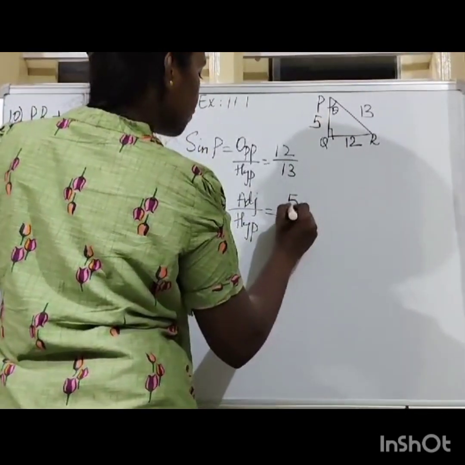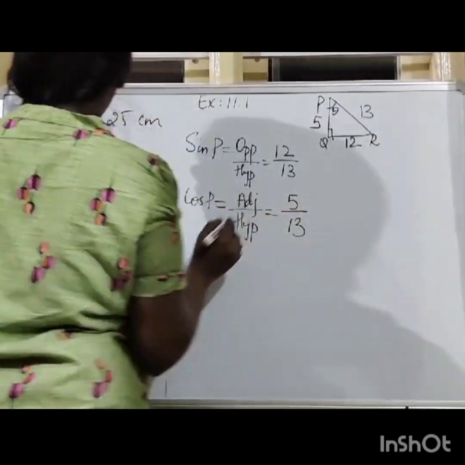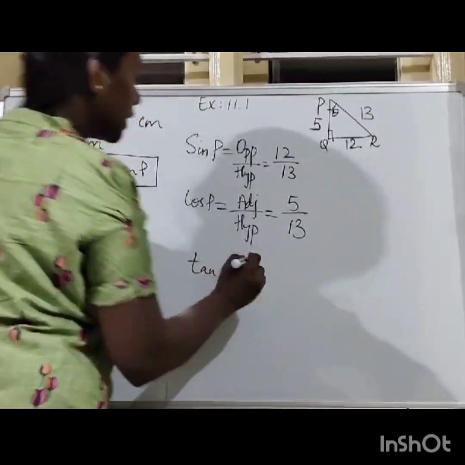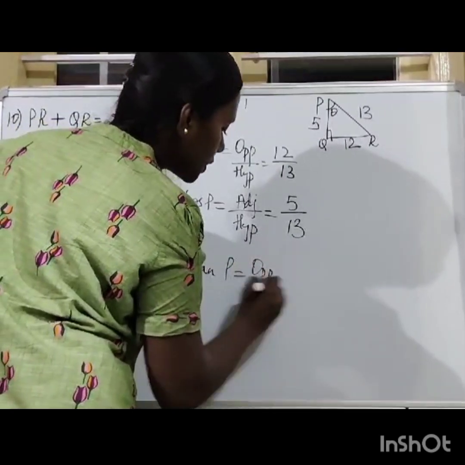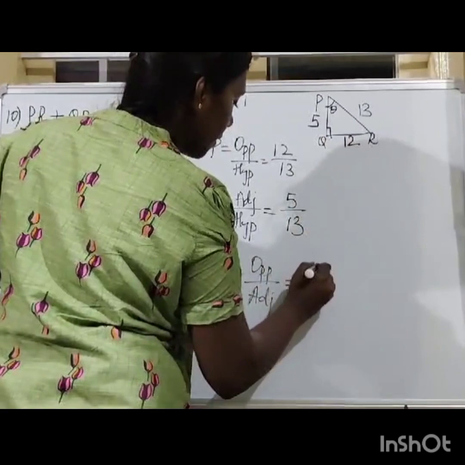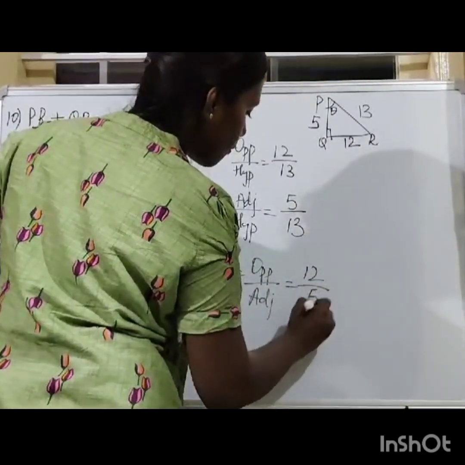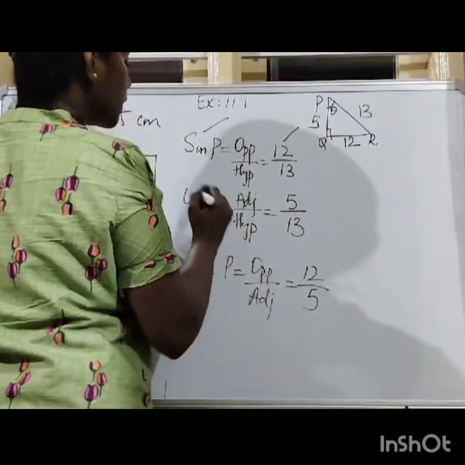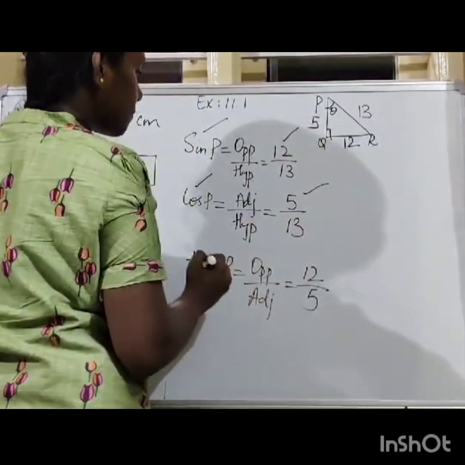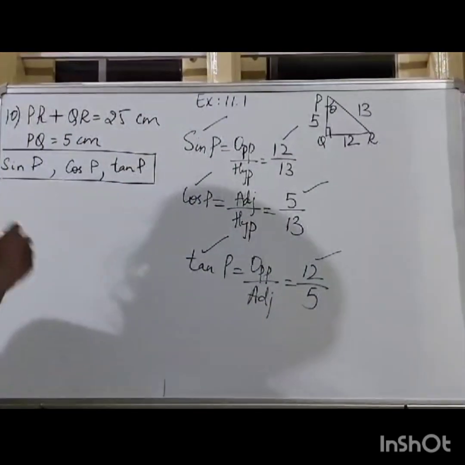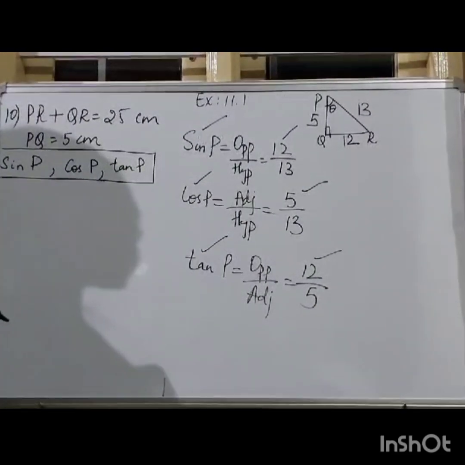Adjacent is 5, hypotenuse is 13. Next, tan P. Tan P is opposite by adjacent. Opposite is 12, adjacent is 5. So we have got the values of sin P as 12 by 13, cos P as 5 by 13, tan P as 12 by 5. So hence we have solved our 10th question of exercise 11.1.